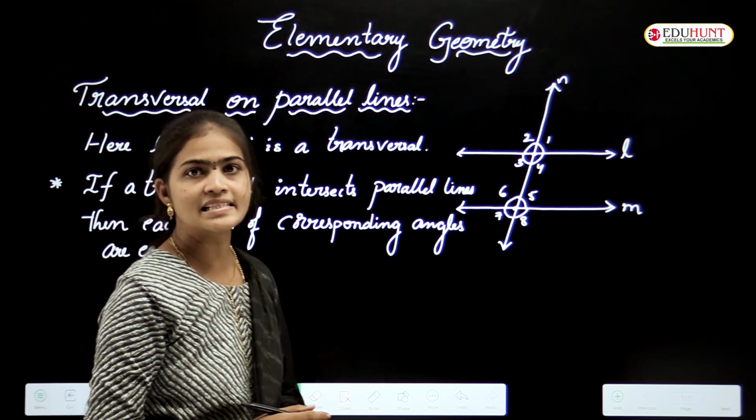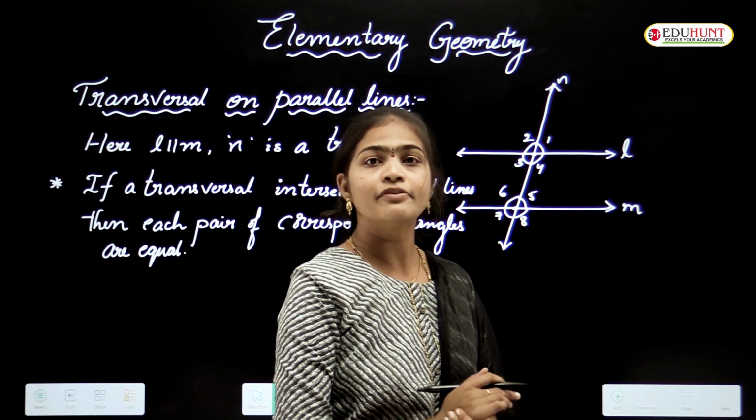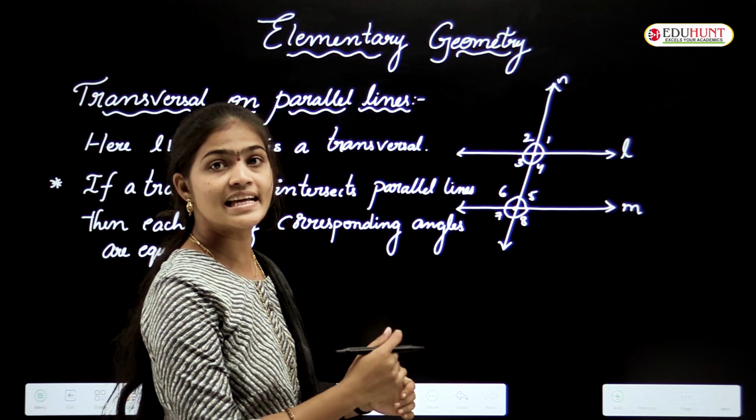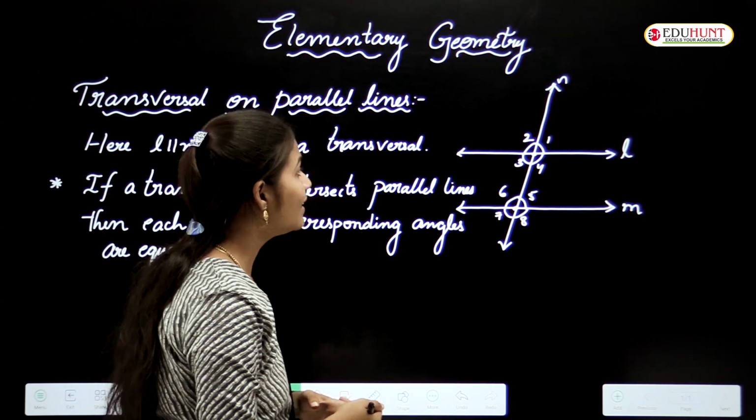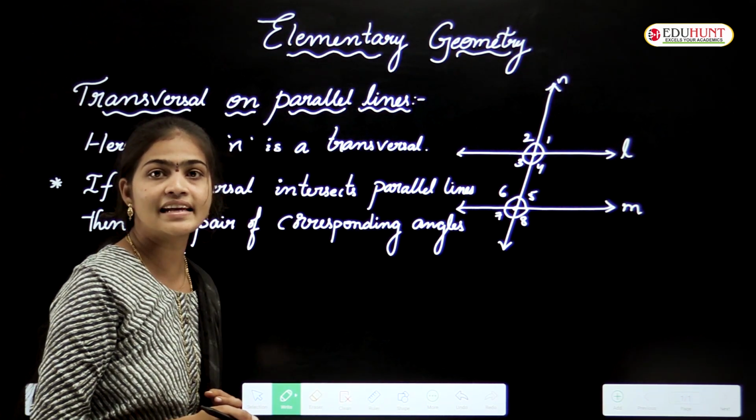Once see that statement: if the transversal intersects two parallel lines, then each pair of corresponding angles are equal.